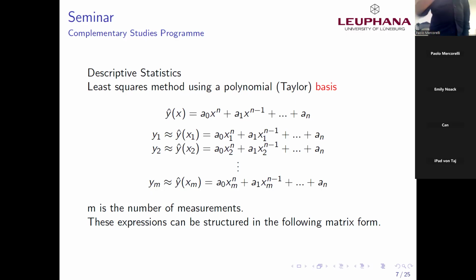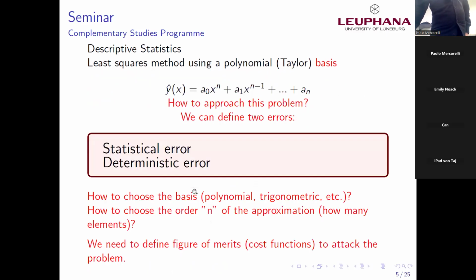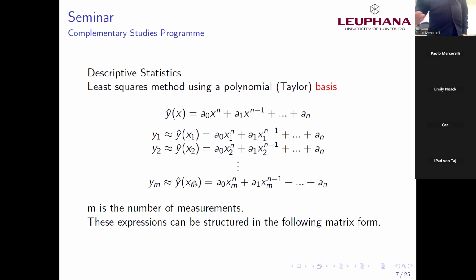Now we will clarify the words also, but condition is probably more known to you. Basically, this is the general expression of, again, this point here, which I don't know where it is. Could be here, could be here, could be also on the violet points. I cannot assume directly at the beginning. I do the same for all my measurements, which I assume to be m: y1, y2, ym.